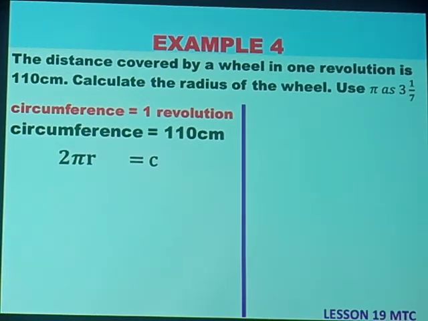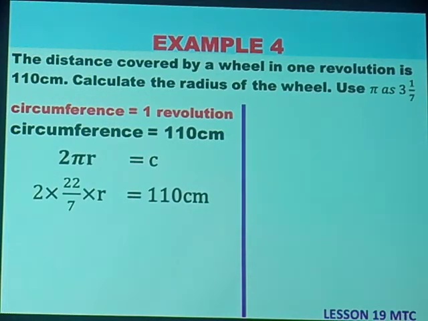Pi can be expressed as a decimal, which is 3.14. Pi can be expressed as a mixed fraction, which is 3 1/7. Here we are using pi as a mixed fraction, but we shall need to convert it back to an improper fraction, and when you do, you come up with 22/7 as your pi.